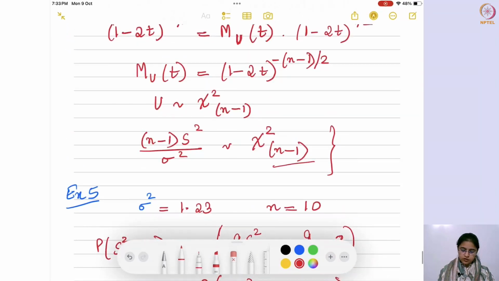One more thing that you can note over here is, here it is following chi-square with n minus 1 degrees of freedom when you have summation xi minus x bar whole square by sigma square.